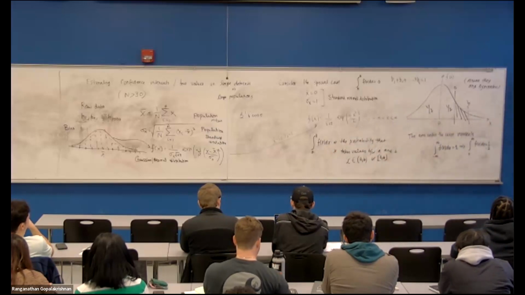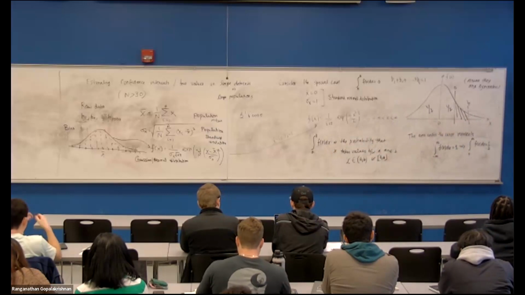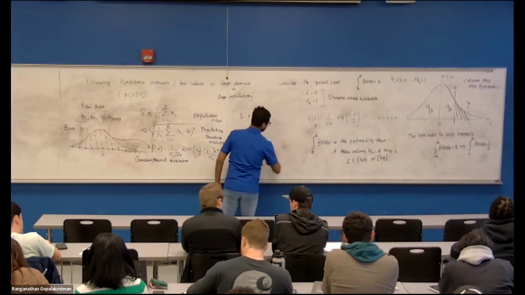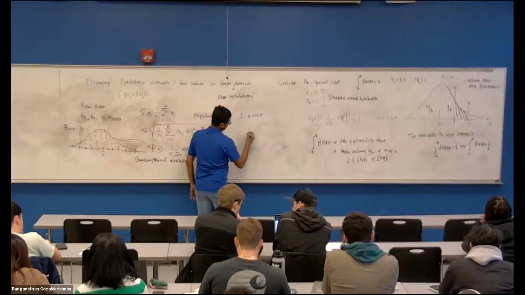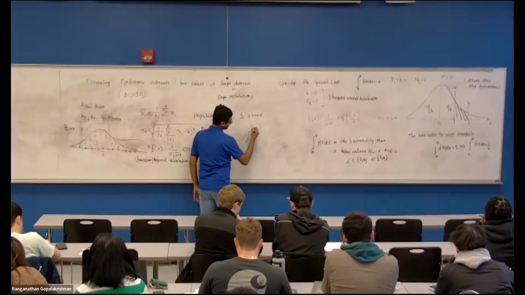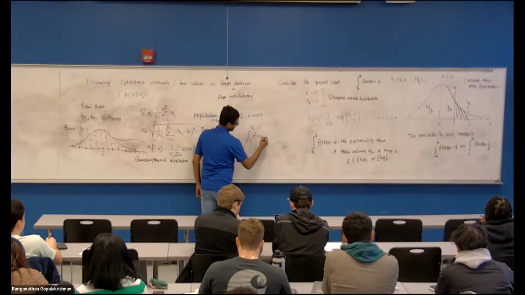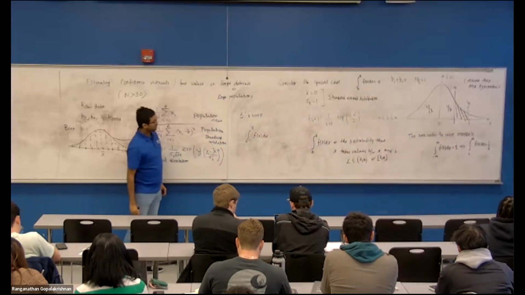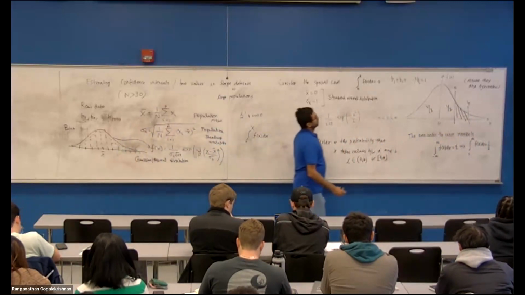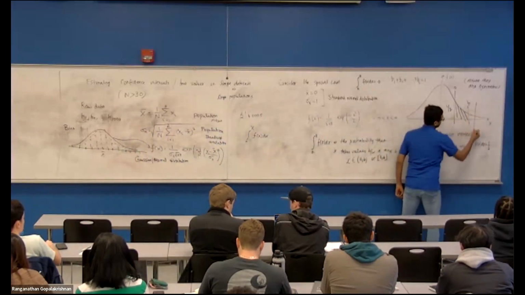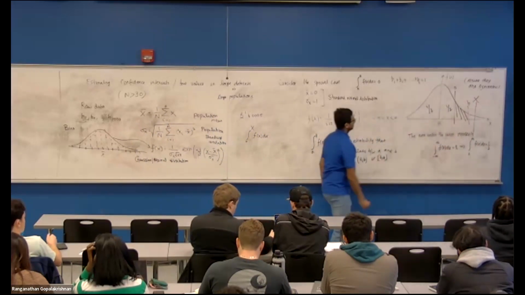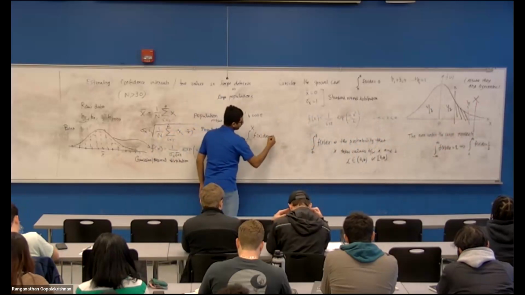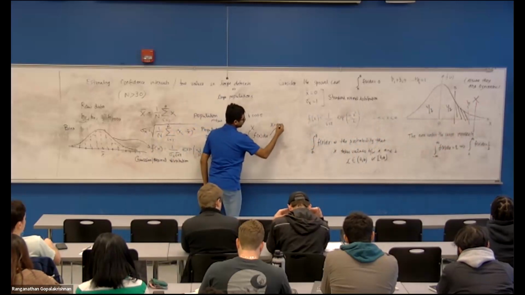So if you want to generalize this a little bit, consider the integral from 0 to x of f of x dx. This is 0 and this is uppercase X. I just want you to qualitatively tell me what is the value of this integral if x equals 0.